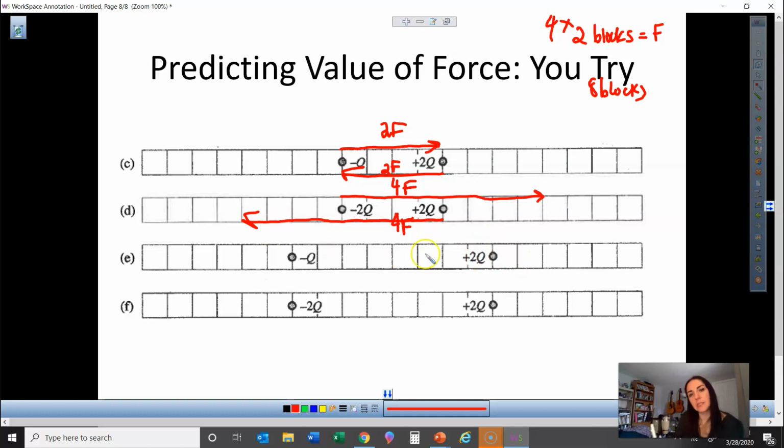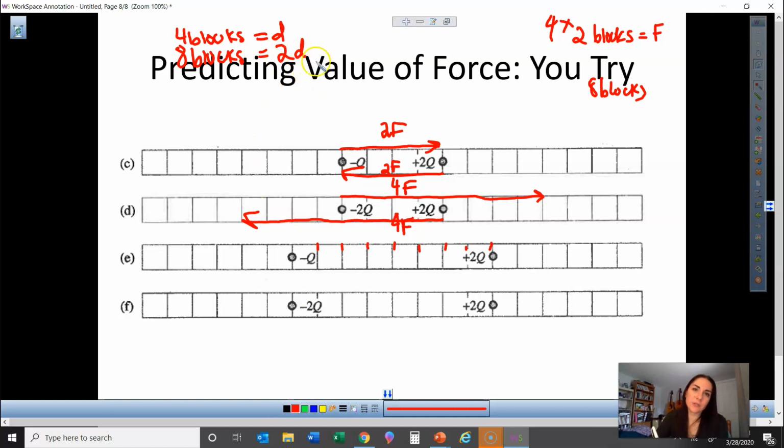But now we have distance in our account. So let's see. We have 1, 2, 3, 4, 5, 6, 7, 8. They're 8 apart. We had 4 blocks for distance. That's what it was. But now we have 8 blocks. The original was 4. If I do 8 divided by 4, it's a factor of 2.